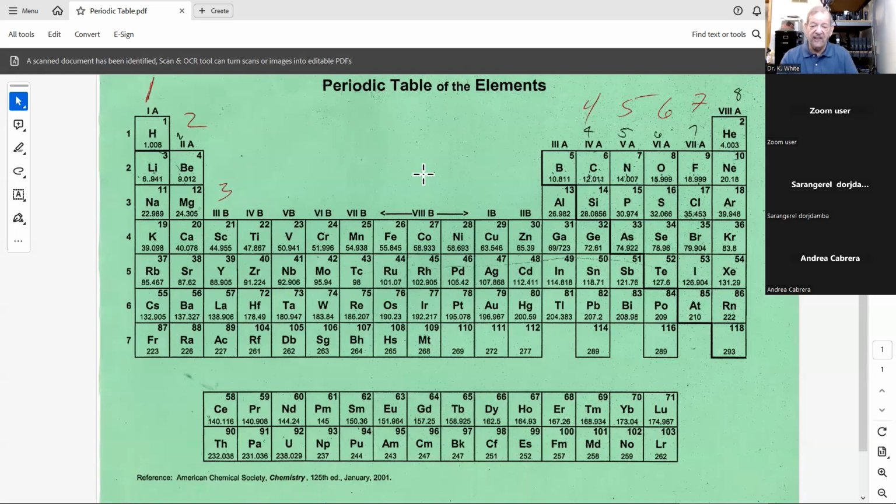Well, you have to know the chemical symbol for carbon is C. And the atomic number, the number in the upper right-hand corner, tells you the number of electrons and protons. So for carbon, it's 6. Carbon has 6 protons and 6 electrons.